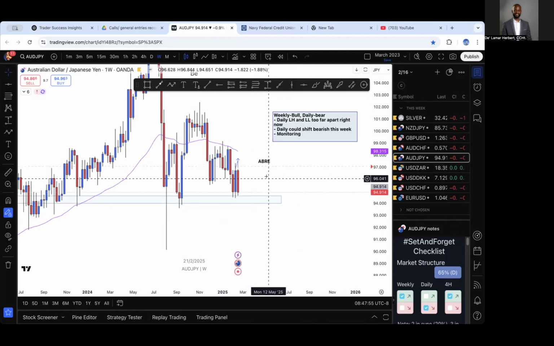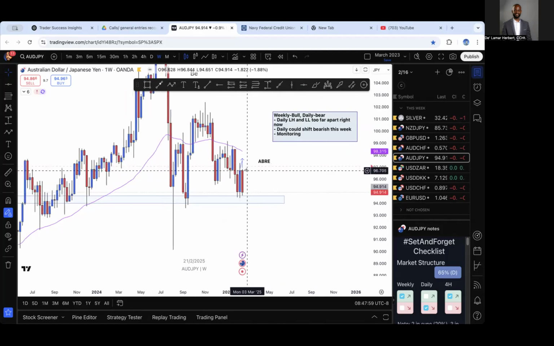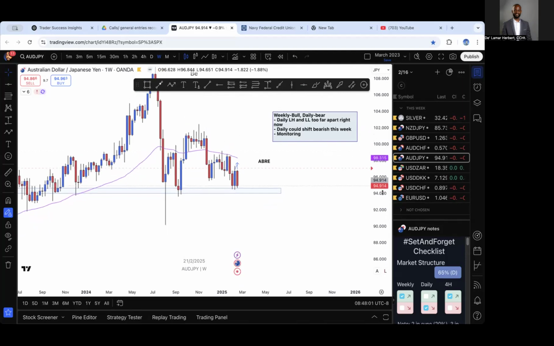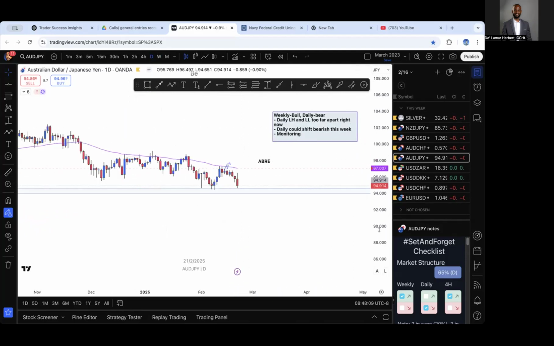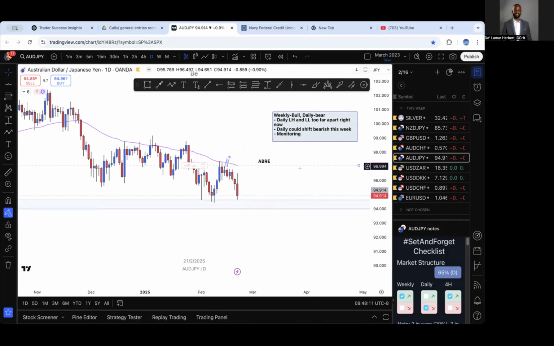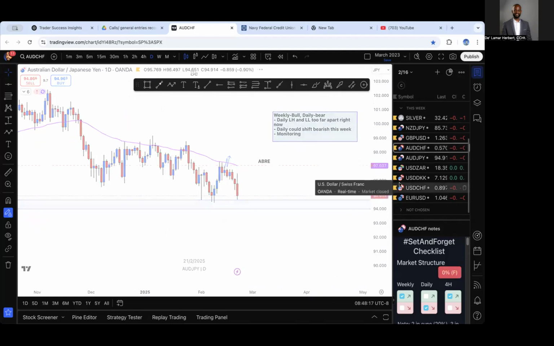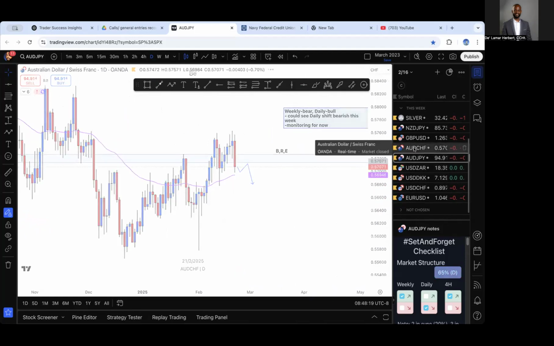Actually, not even closely monitor it, because the next daily break or the weekly break will be way up here, right? The next daily break, because that's what we want to see, will be right here. That's why I put this alarm here. If we see that daily break, then maybe I'll jump in. But for right now, just monitoring.